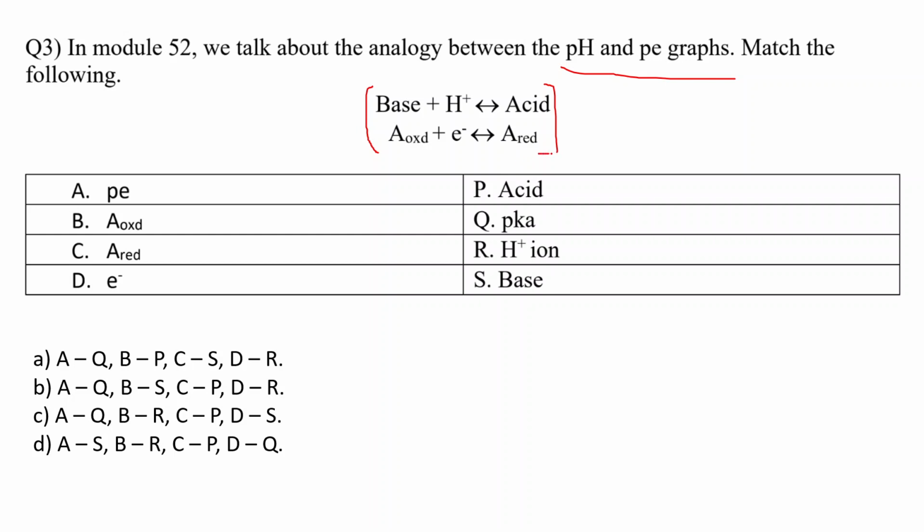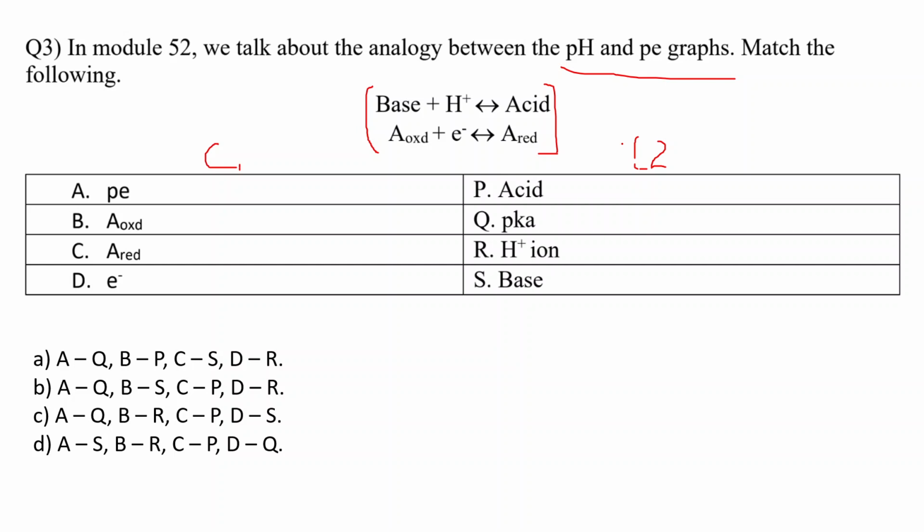In these two columns the values are given, this is column 1 and this is column 2. What you need to do is match column 1 to column 2 based on the analogy between pH and pE graphs. So what will be the answer?